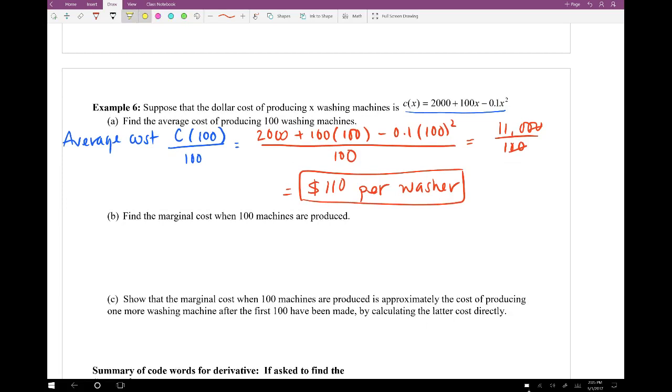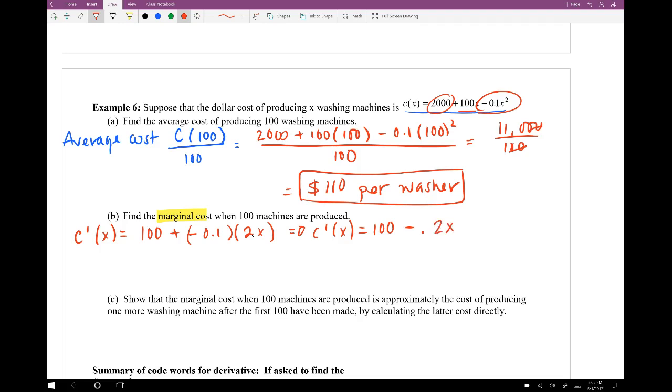Now this one says find the marginal cost, which, as you know earlier, is going to be C prime, okay? So C prime of 2,000 is going to be 0. C prime of 100x is now 100, plus C prime of the negative, so that's negative 0.1 times 2x. So C prime of x is 100 minus 0.2x, okay?